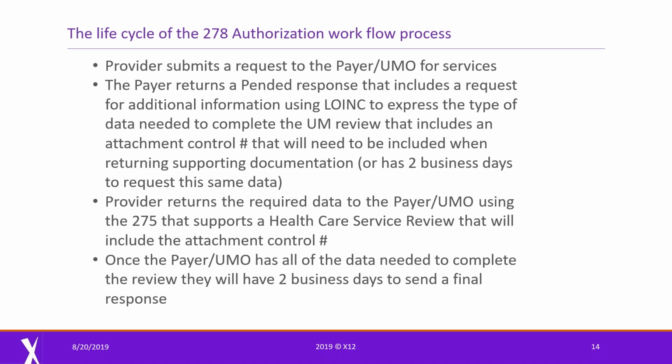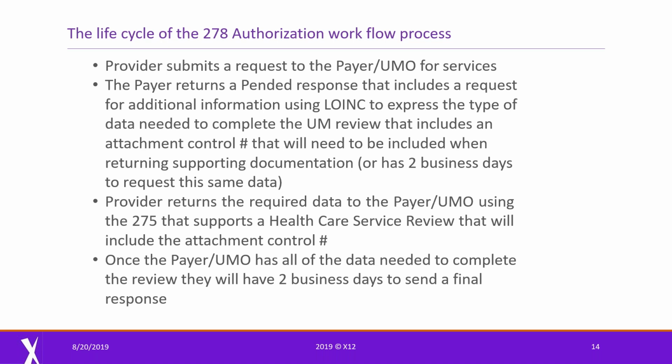And there's different ways to request additional information, but what we're showing on this slide here is the process of providing a LOINC value, a codified way to express the type of data that's really needed to complete the review.